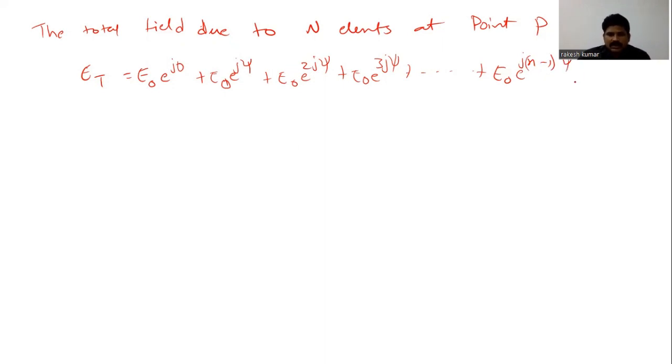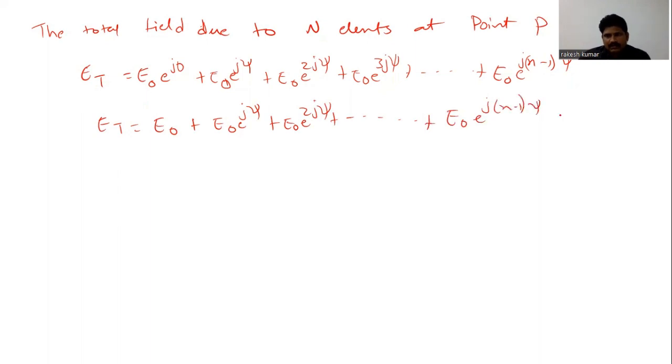This is the total electric field. Therefore Et = E0 + E0 e^(jψ) + E0 e^(j2ψ) + ... + E0 e^(j(n-1)ψ). Let us consider this as equation 1.